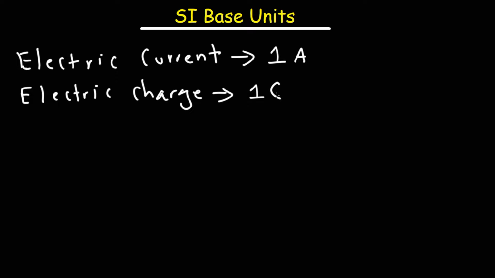So think of how moles represent the quantity of something. Electric charge represents the quantity of charge, or the total quantity of charged particles. But it's more accurate to say the total quantity of charge, because some particles can have more charge than others, so it really represents the quantity of charge.